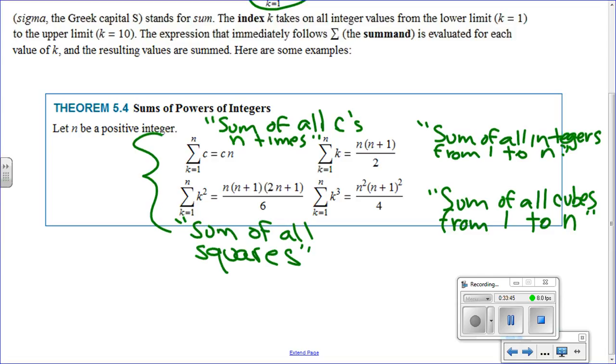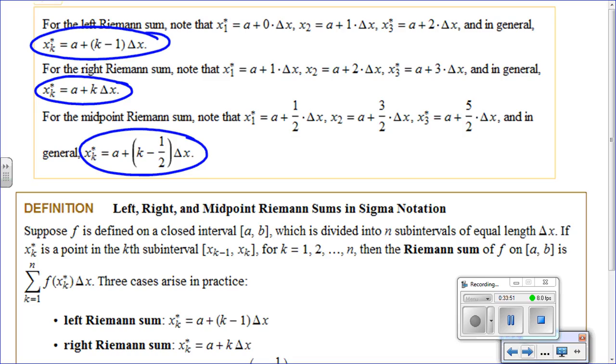I promise you the shortcut for finding those values for like the x sub i star. It's like we're running out of variables. So whenever we want the left Riemann sum, let's take a moment to remember quickly what a and b are. A and b would be your integral, your starting and ending point.